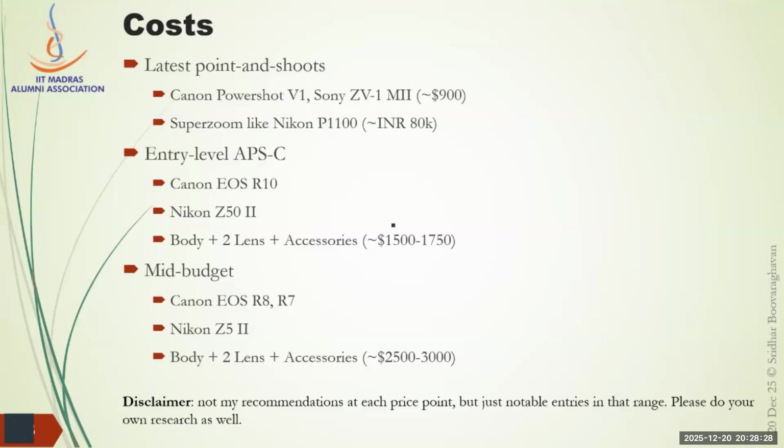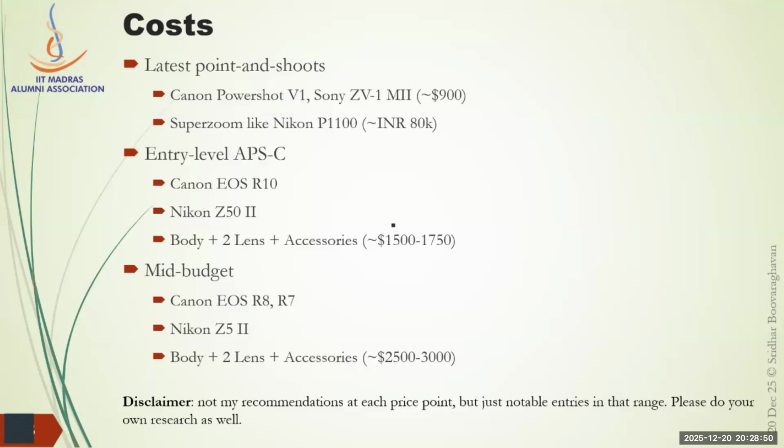Huge 125x zoom. It's around 80,000 rupees INR. And then entry level APS-C, which is the crop sensor camera, you could get things like the EOS R10 or the Z50 Mark II, in a body plus two lens combo.